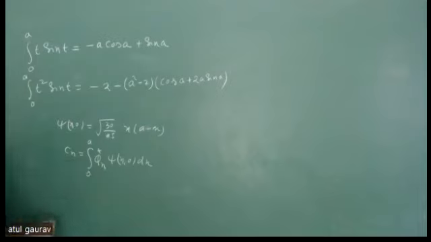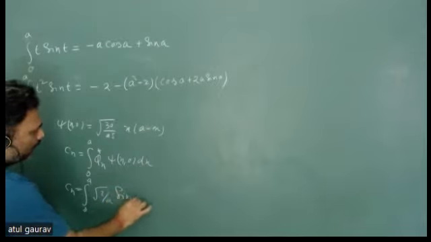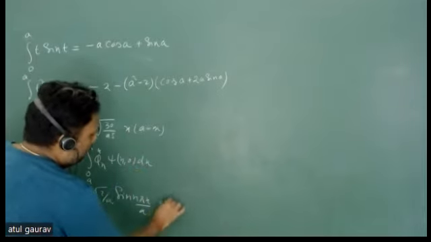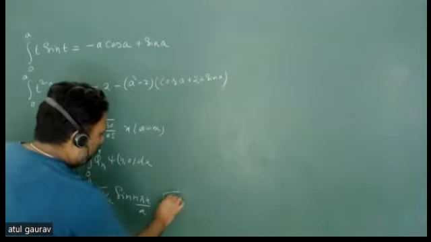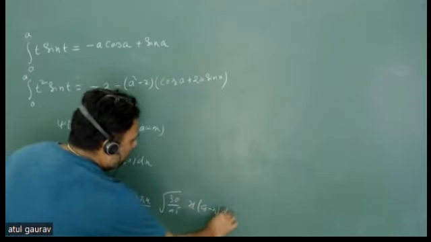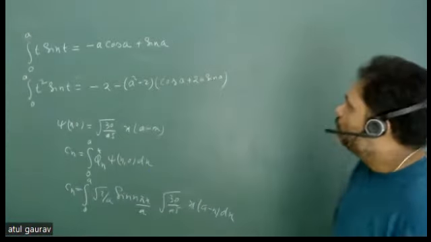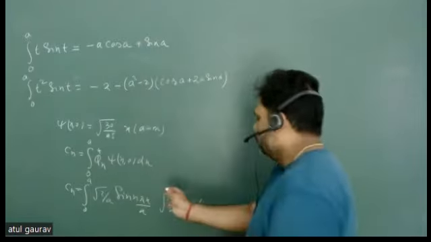Anyway, what is this Cn? This Cn is nothing but the integral from 0 to a of root under 2 upon a sine n pi x upon a, and this psi x,0 is x(a minus x), and sorry, I have to include the normalization also, root 30 upon a^5 times x(a minus x) dx. So we have to do this integration. I will keep this number outside the integration.